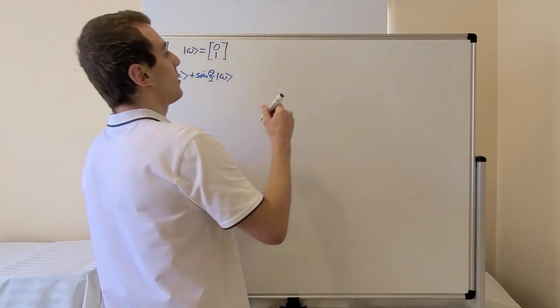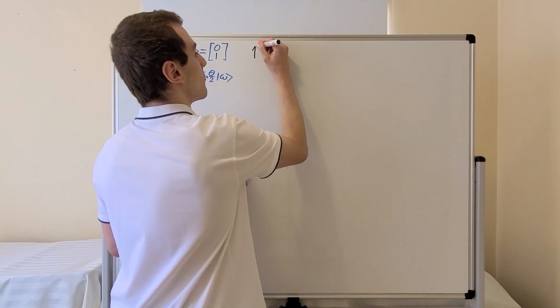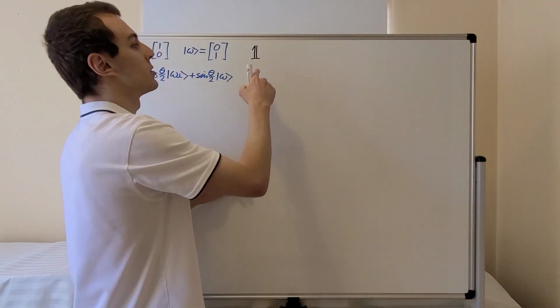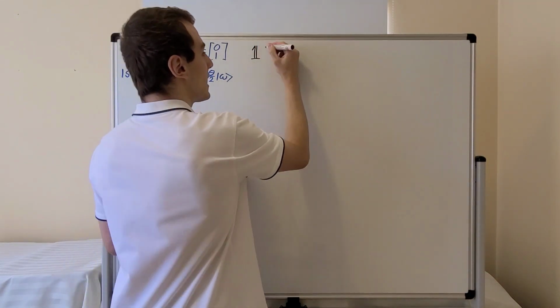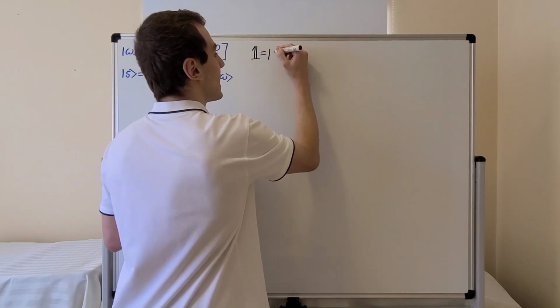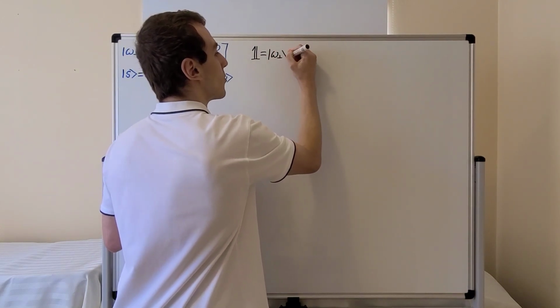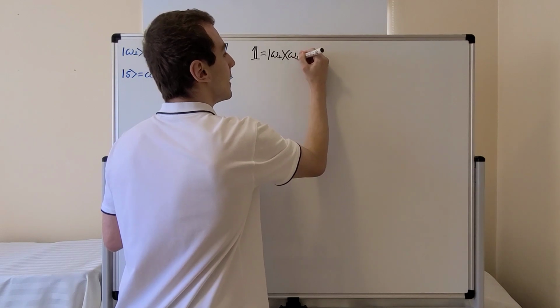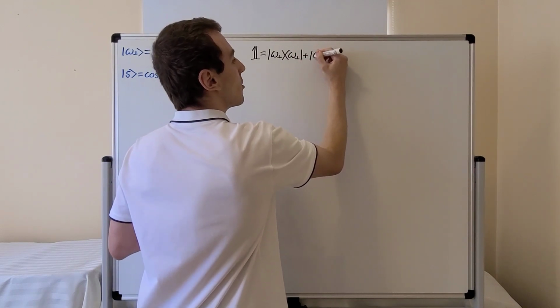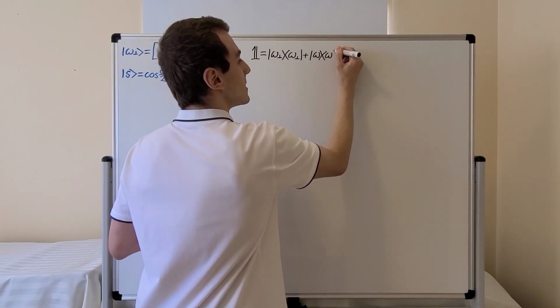So let's write down the identity operator. This is a symbol that's used to denote the identity operator. We can express the identity as a projector for this horizontal state plus a projector for the vertical state.